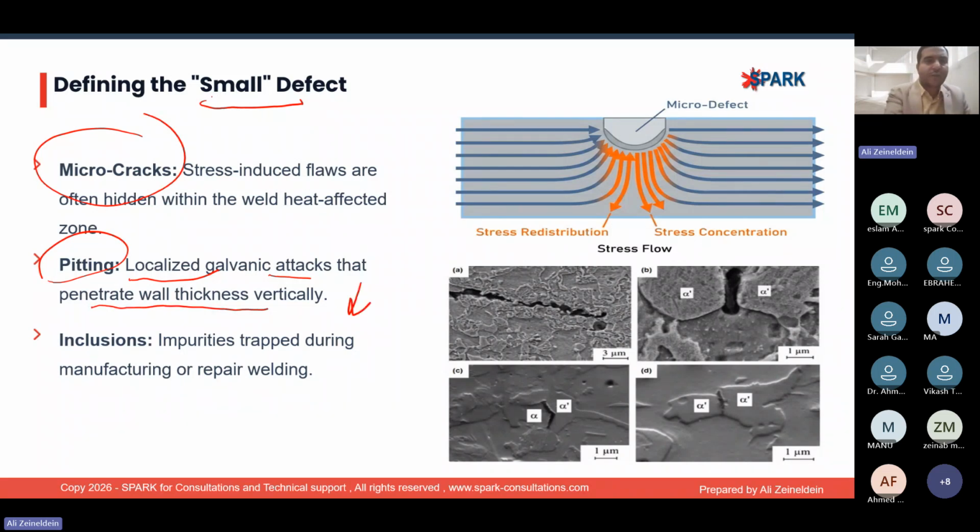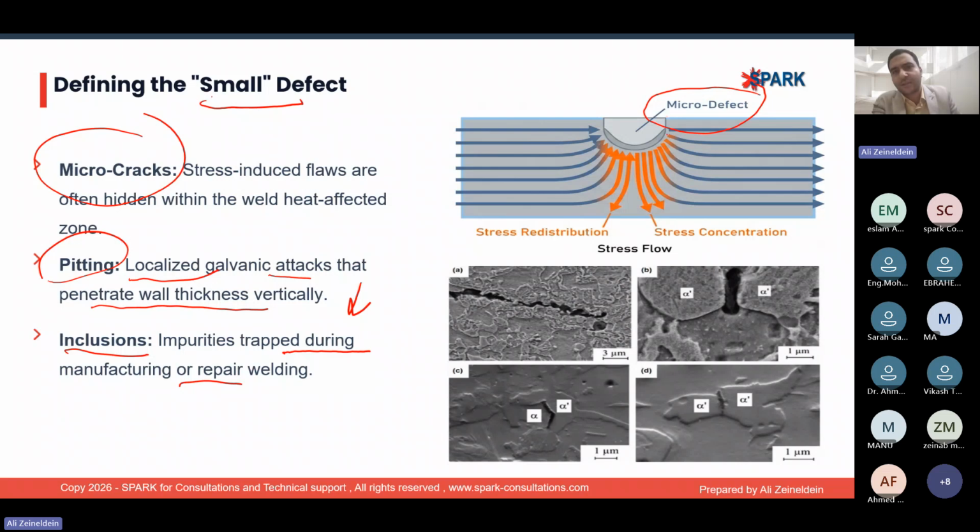Also some inclusions. These inclusions or impurities are trapped from the manufacturing process or may be trapped during repair by welding. This photo explains the micro defects.